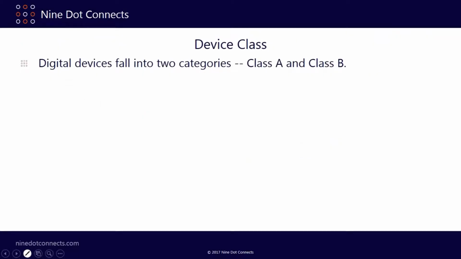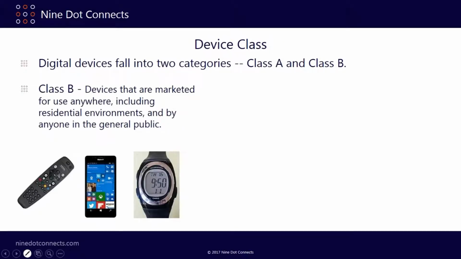Now, devices fall into one of two categories, Class A and Class B. Let's back up for a second. The class is really geared toward the concept of environment. So when you hear people talk about a class of product, think environment. Class B devices are those marketed for use anywhere, including residential environments and by anyone in the general public.